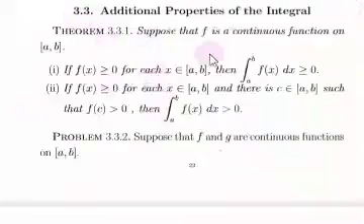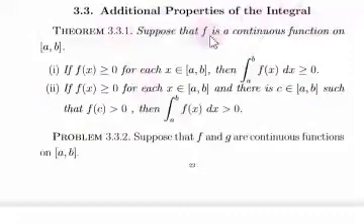We can find the derivative of this very easily. I think we have done a practice class for this. So now we are talking about the properties of the integral.